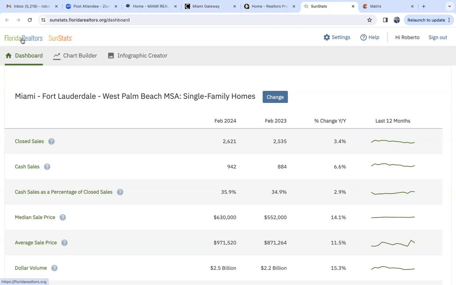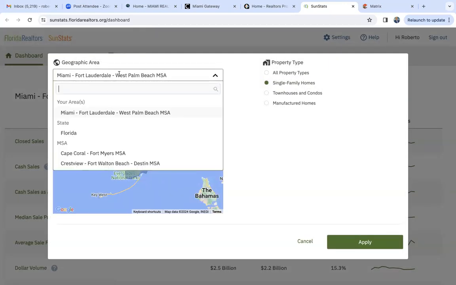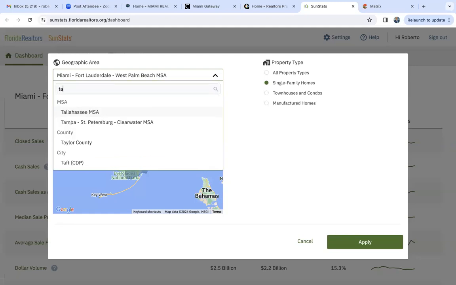Okay. I'm going to run this for a city outside of our area. You already saw it for Miami-Dade County, so we're not going to show you Dade or Broward. I'm going to come over here, and we're going to put in Tampa.